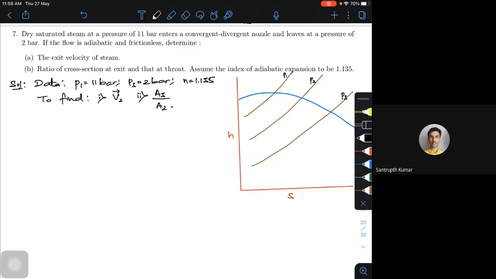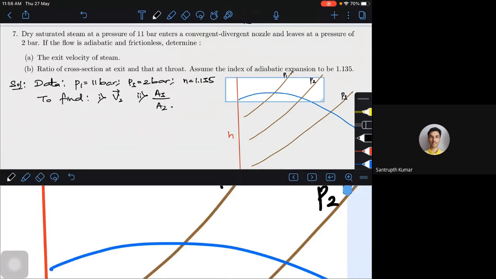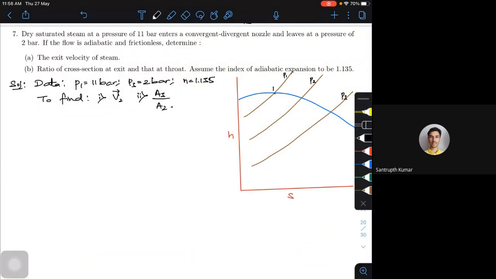It's purely an isentropic expansion. If this is point 1, I'll be expanding from 1 to 3, and intermediate I have 2. This is my 3. Even though, distance-wise, the gap between P1 and P2 is smaller and between 2 and 3 it will be bigger, I'm not showing that.